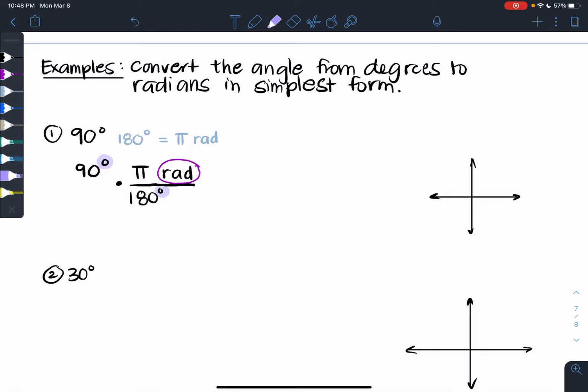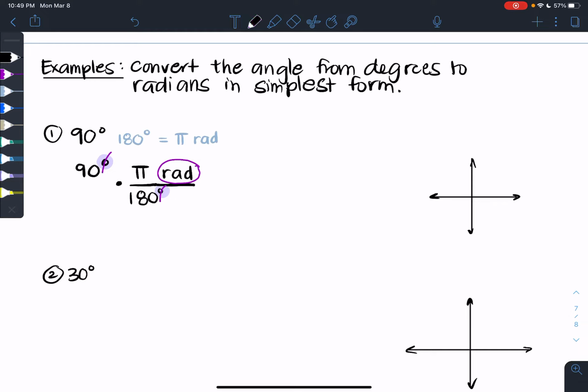I can only cancel it if it shows up once in my numerator and once in my denominator. Since that's how we set it up, our degrees will cancel and our final answer will end up in radians.